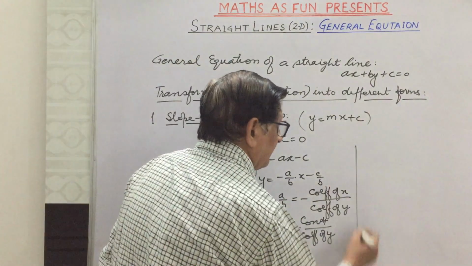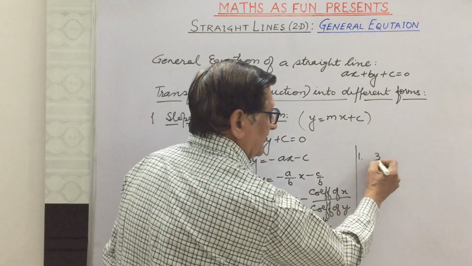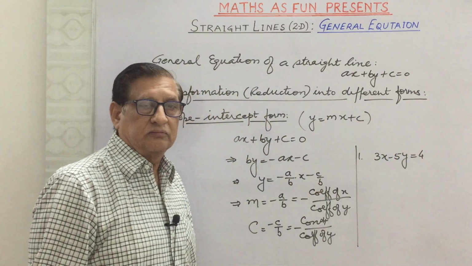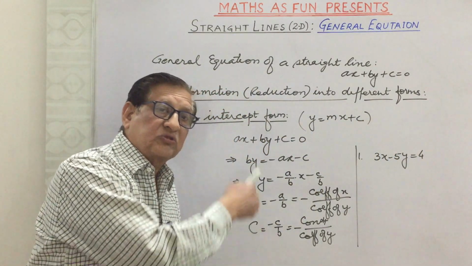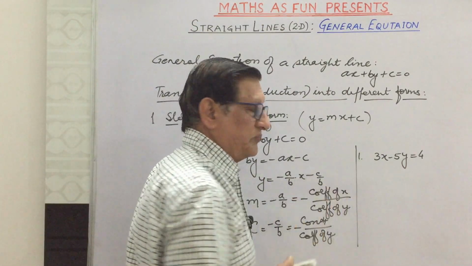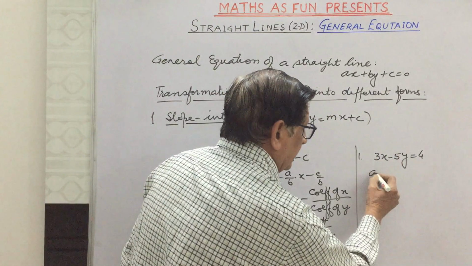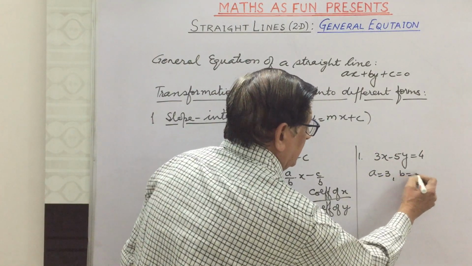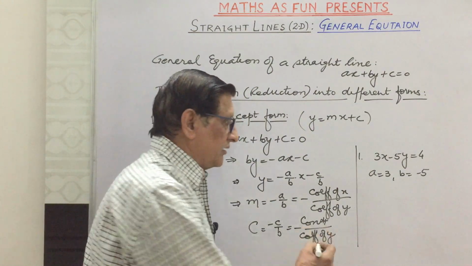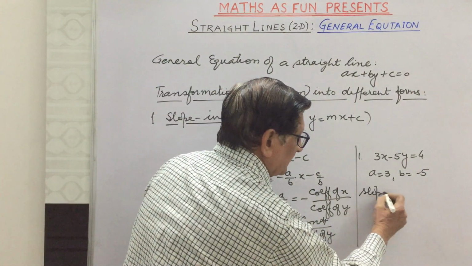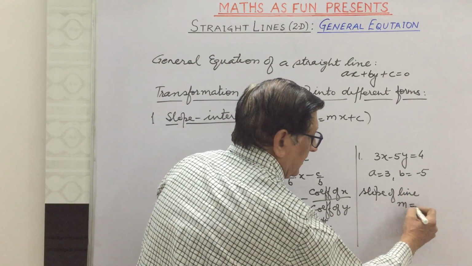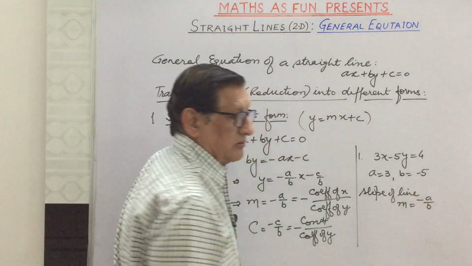See, like we have one of the examples, suppose we are given an equation 3x minus 5y is equal to 4 and we have been asked to find out its slope. First we will see what is a and what is b here. Here we are finding a is 3 and b is minus 5. Then we can find out the slope of the line, that is m is minus a upon b.